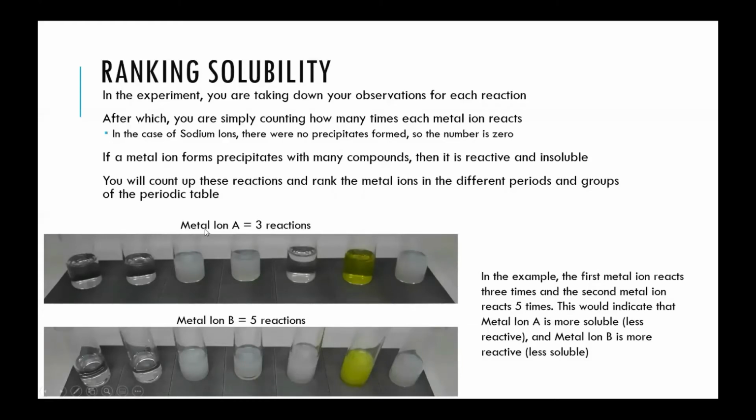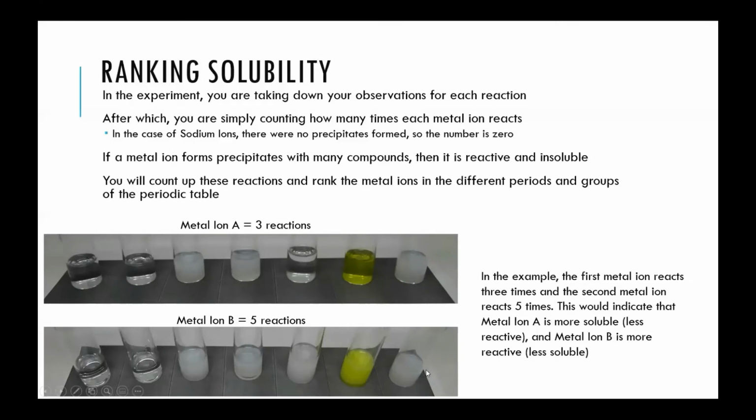So in this example, in these two pictures right here, you have one solution. It formed a reaction and formed a precipitate with 3 separate things. So in this, metal ion A caused 3 reactions and precipitated 3 times. Metal ion B, in reacting with the same solutions, produced 5 different precipitates.